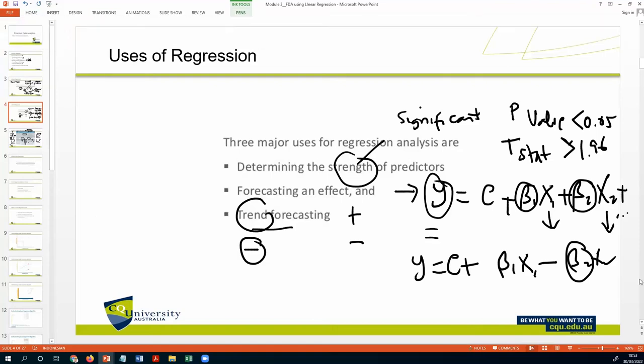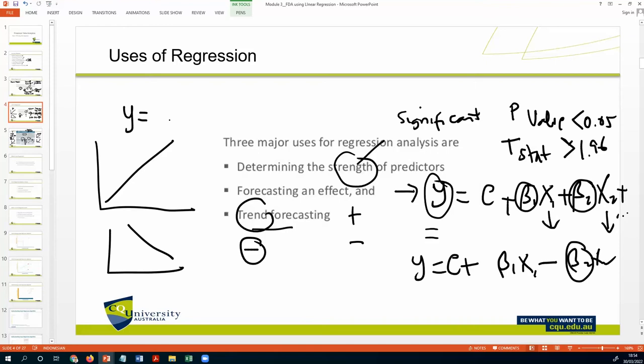Okay. So the trend will be like this: positive relationship, negative relationship. When it is y equals constant plus beta x, it will be a positive relationship.